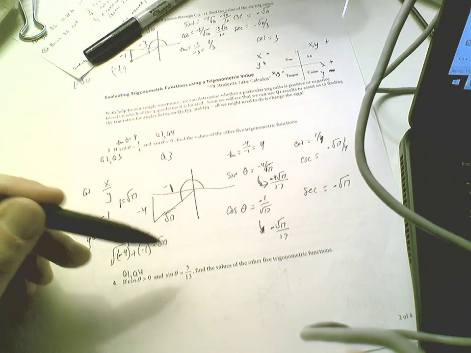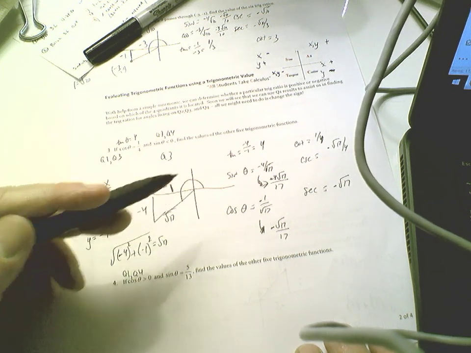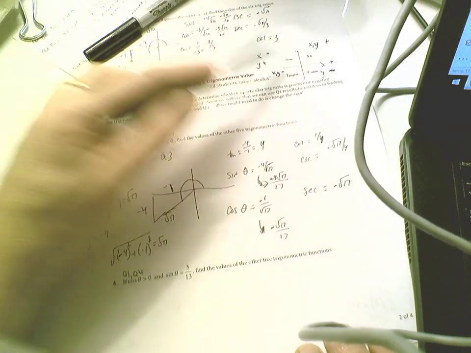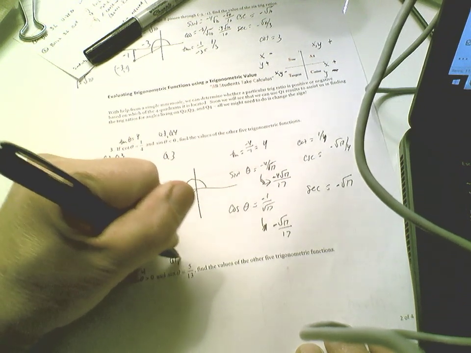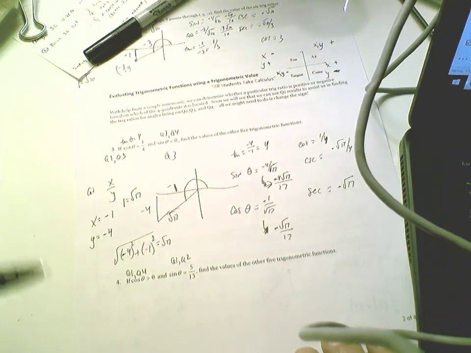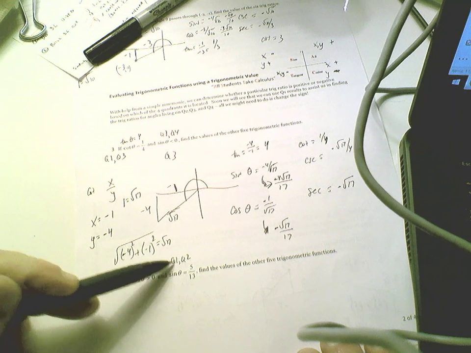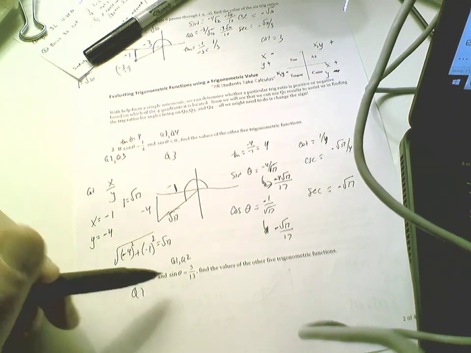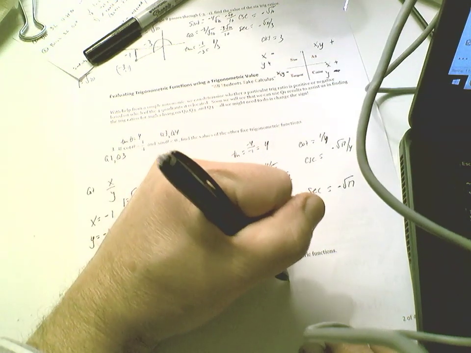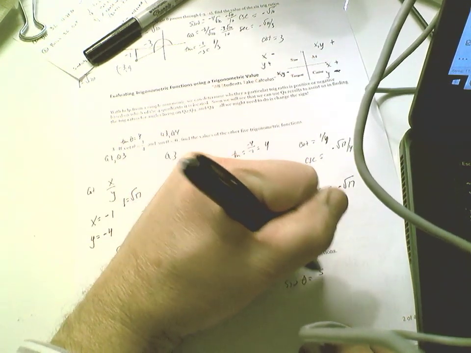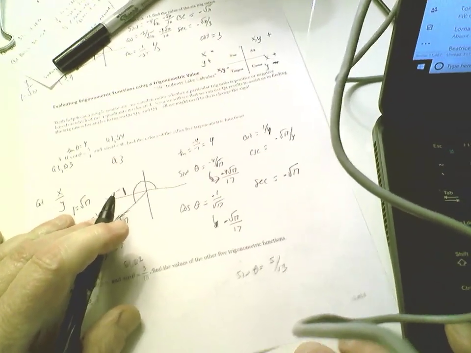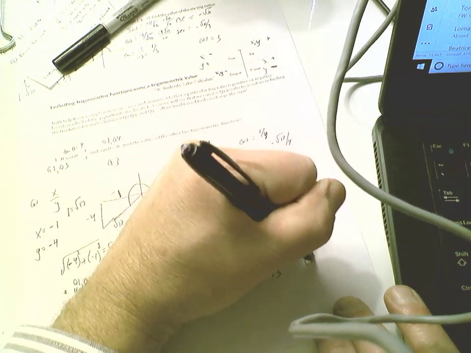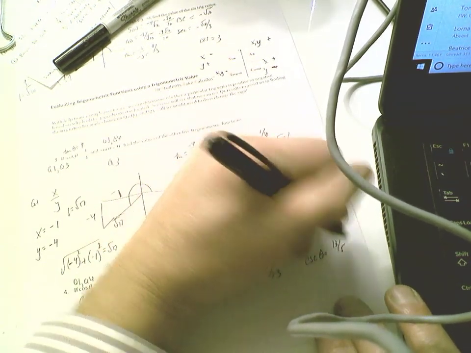Sine is positive in quadrant 1, quadrant 2. I need to find the overlap. I need to be in quadrant 1. I know that the sine of theta equals 5/13. So by the way, I already have the cosecant as 13 over 5. That's kind of a freebie if I think about it.